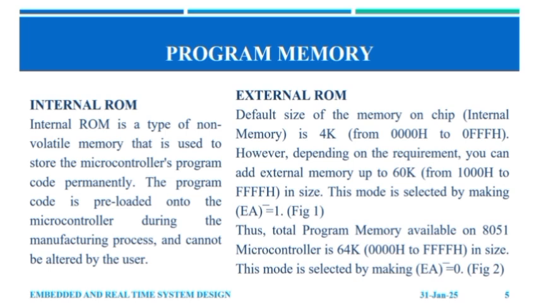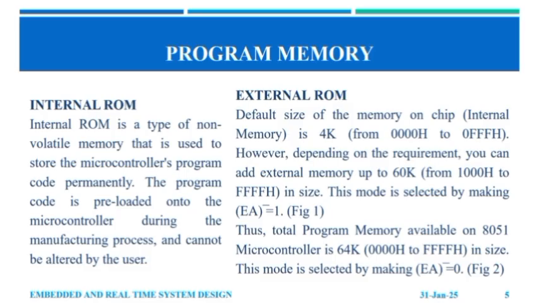Then, depending on the requirements, an external memory can be used, which is an additional 60 kilobytes, addressed from 1000H to FFFFH in size. We can actually see that in the next figure.